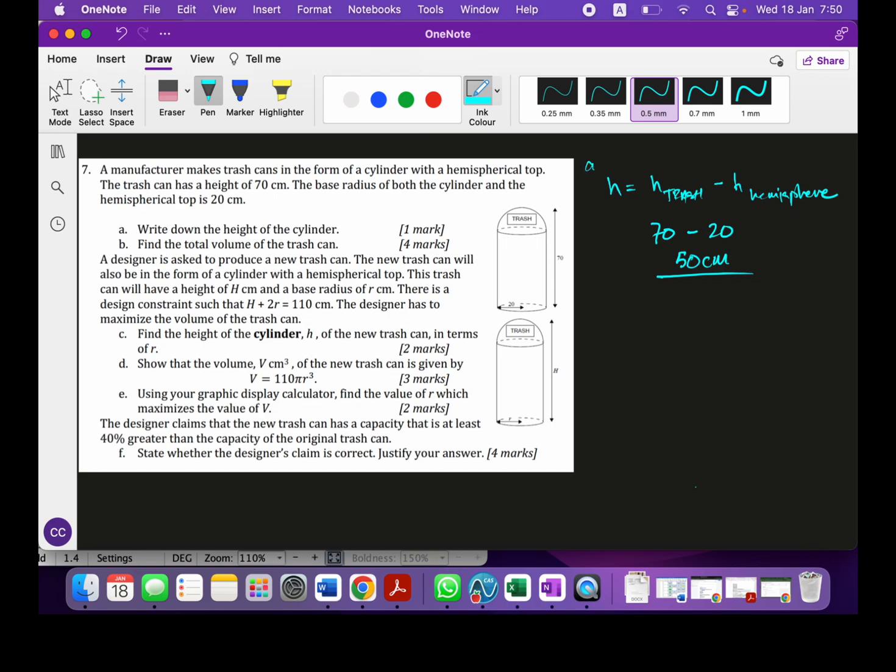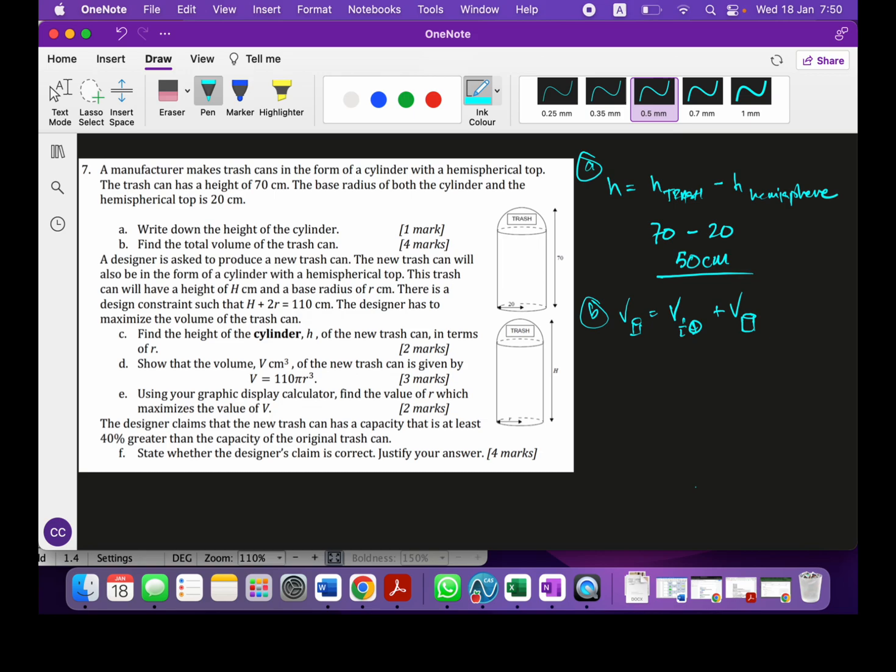So we've got part B, the total volume of the trash can. Well, the volume of the can, if I just sketch it here, is going to be the volume of half a sphere plus the volume of the cylinder.